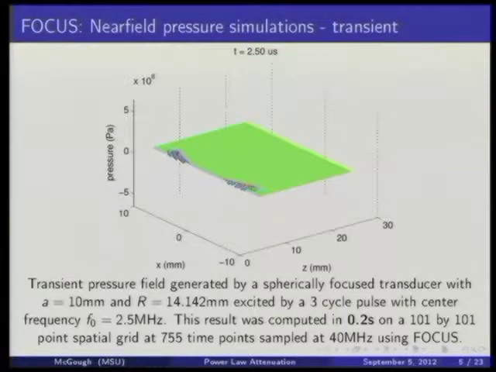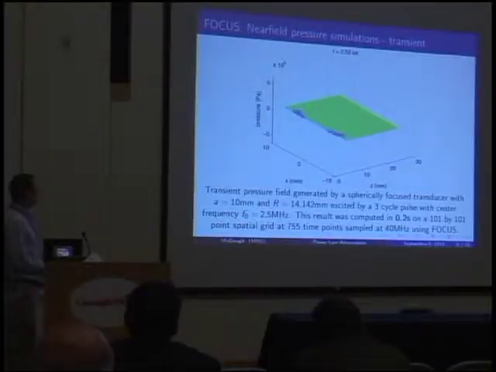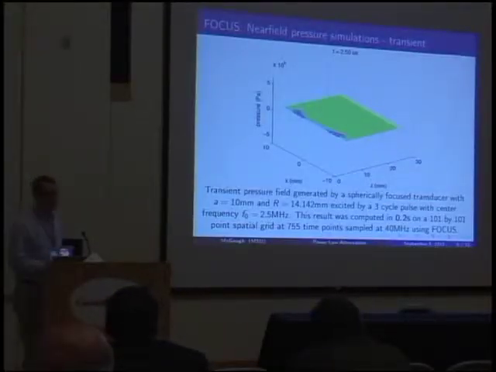Then we can also model transient calculations, and for that exact same transducer geometry that I showed you in the last slide, 10 millimeter radius for the aperture and a 14 millimeter radius of curvature, this time we excite that piston with a 3-cycle pulse, so this is a transient calculation, also with a center frequency of 2.5 megahertz.